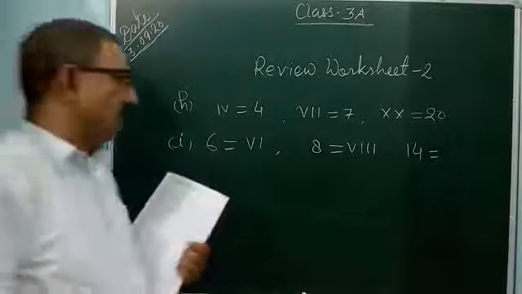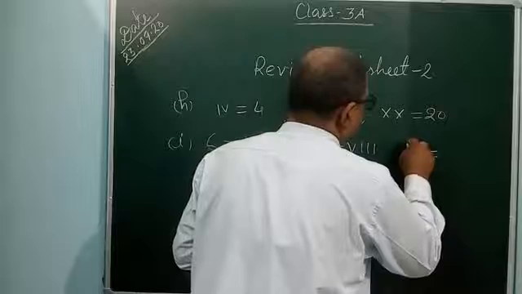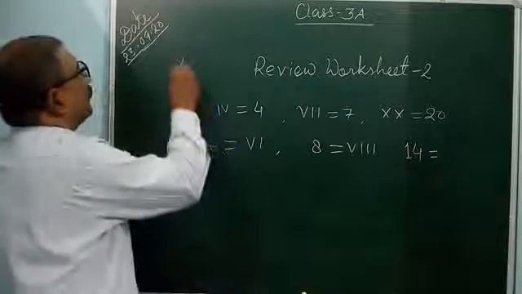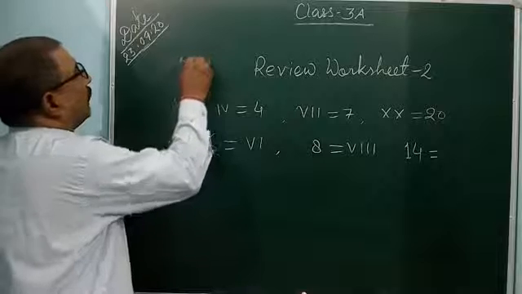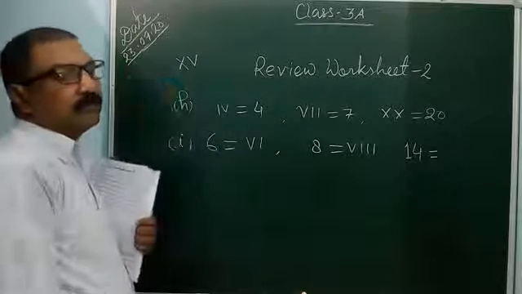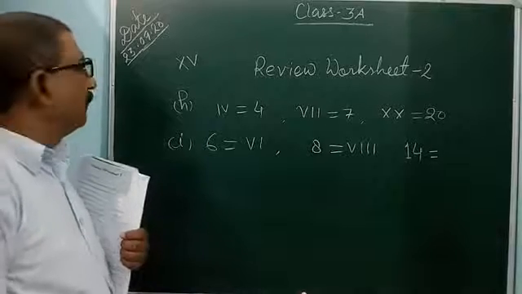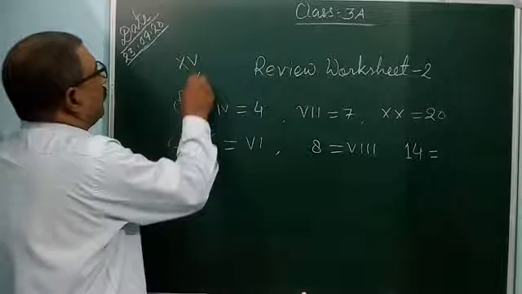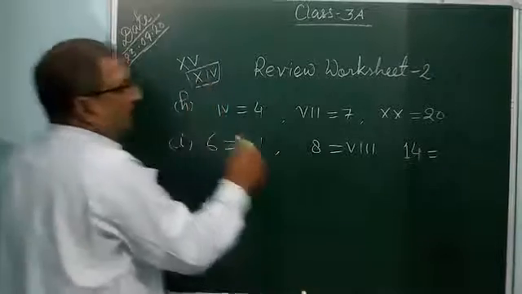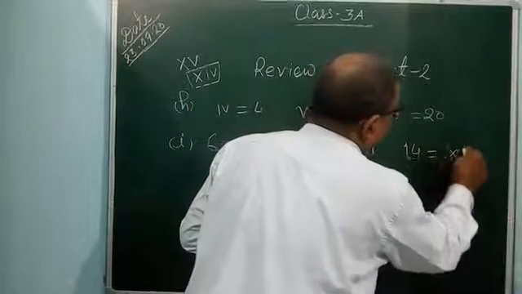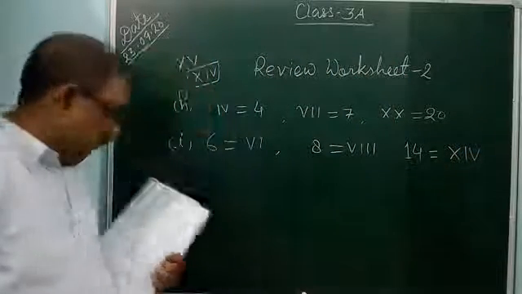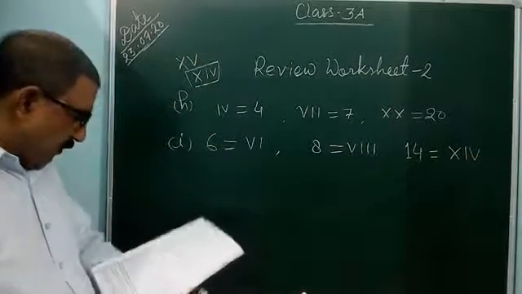You can see for 14, I told already this is 10 and this is 5. 10, 5, 15, but you have to write 14. So 10 plus 4. This is 14. So it is 10 and this is 4. 10 plus 4, 14. So in this way you can write 14.